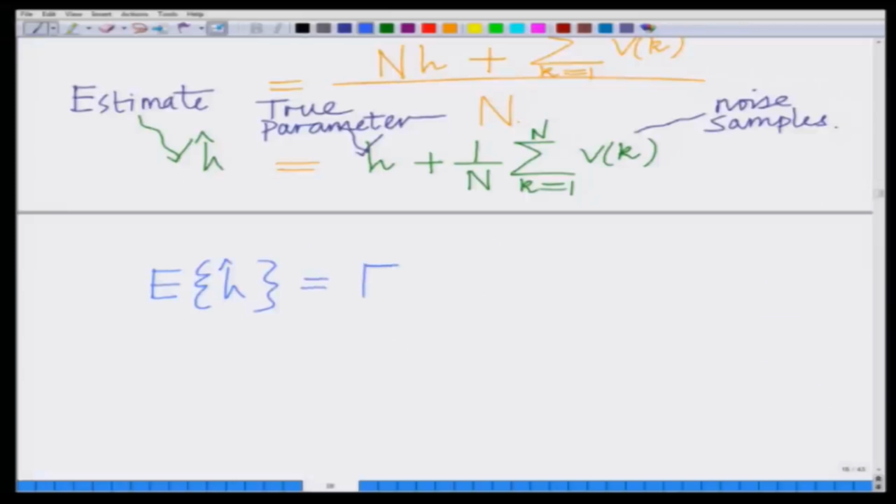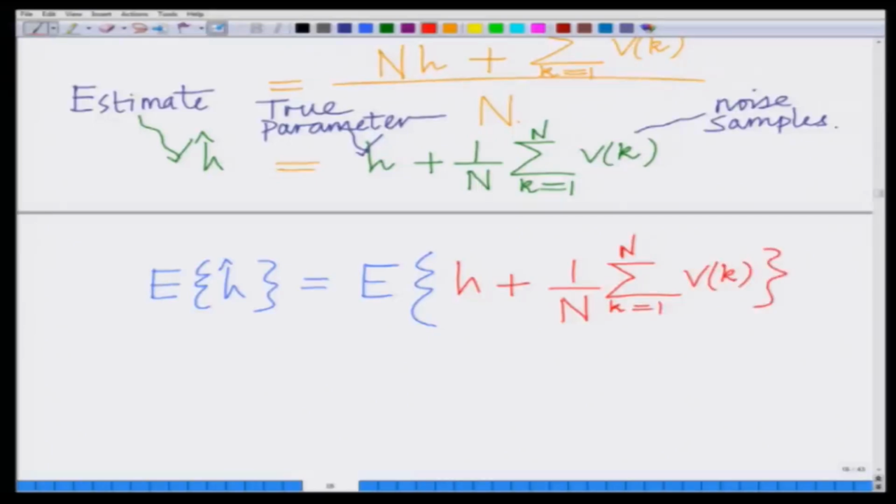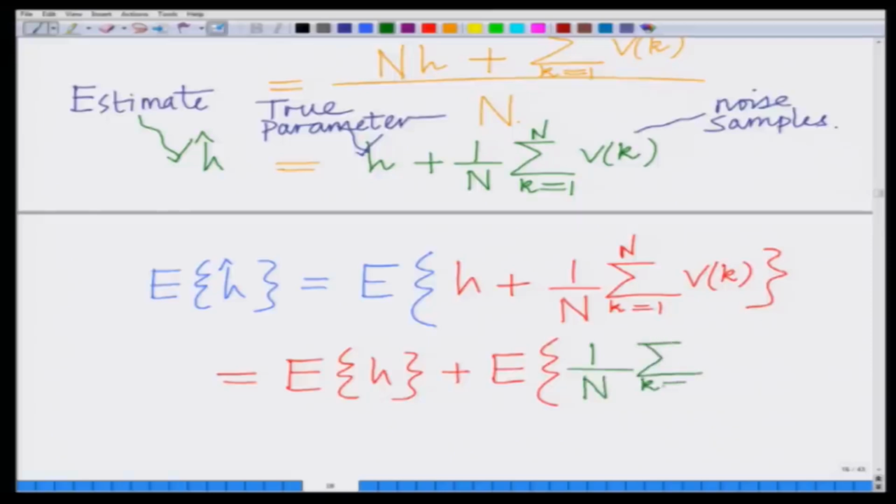is given as the expected value of the expression above, which is the expected value of h plus 1 over n summation k equal to 1 to n V k, which is equal to expected value of h plus expected value of 1 over n summation k equal to 1 to n V k.